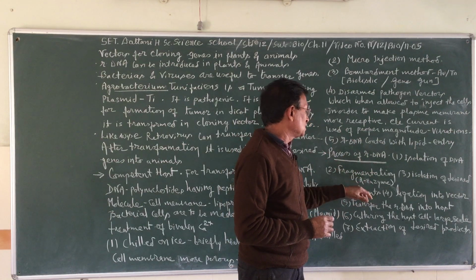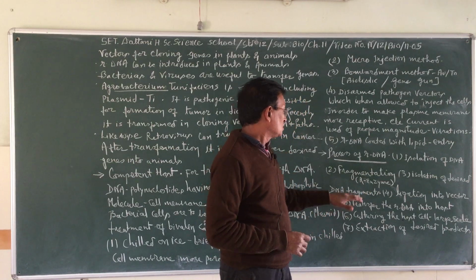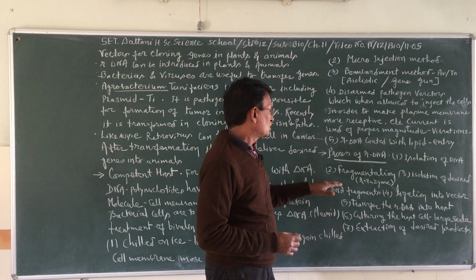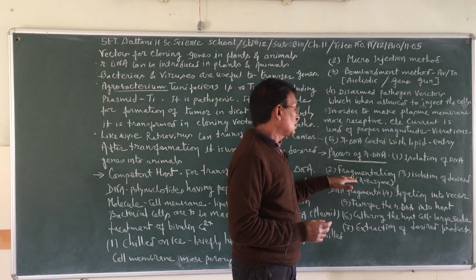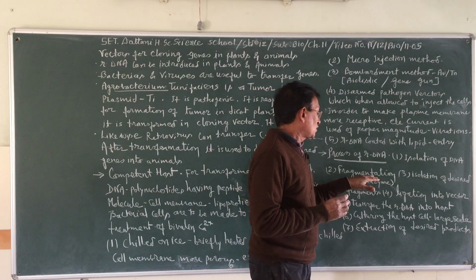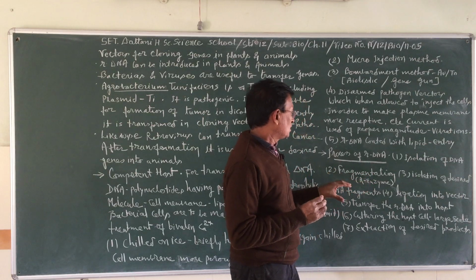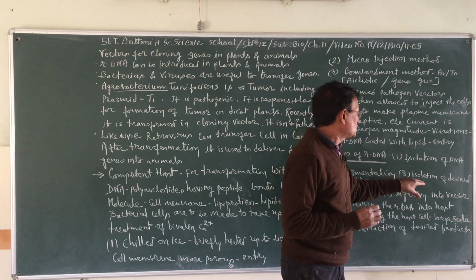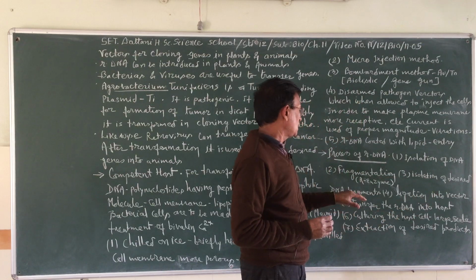Then the fragmentation. This fragmentation is done by restriction enzymes like nuclease. So the nuclease will cut the DNA at a certain point so that it will be accepted by the host. Then isolation of the desired DNA fragments.